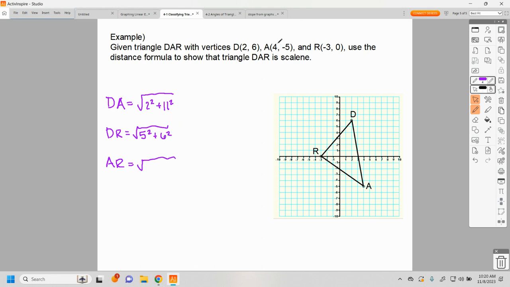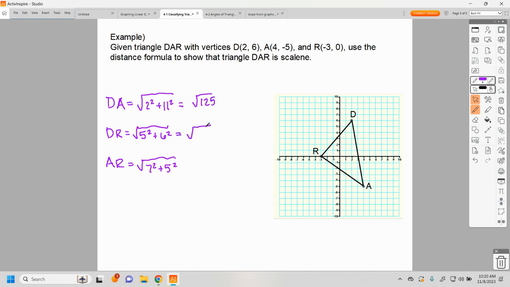A to R, 4 to negative 3 is going to be 7, so 7 squared, plus negative 5 to 0 is 5 squared. You can tell all these are not going to match up. But if you don't believe me, 121 plus 4 is the square root of 125.